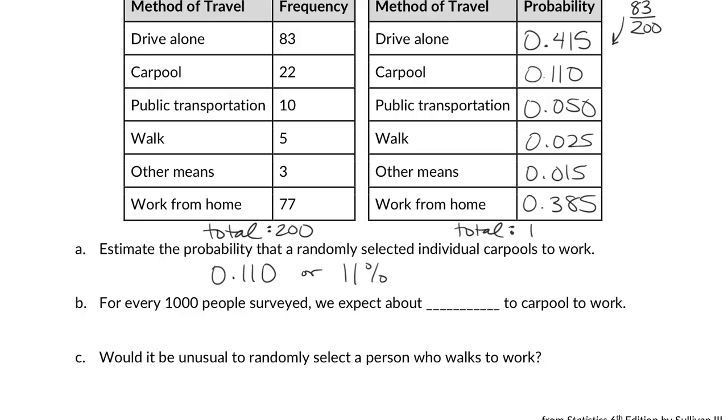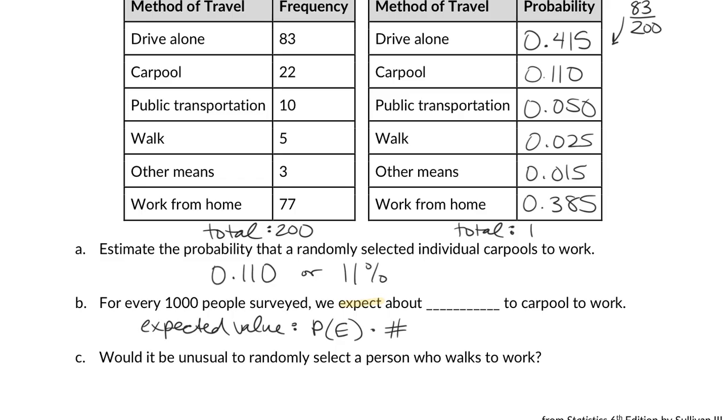Part B goes on with that question. For every 1,000 people that we survey, we should expect about blank number of people to carpool to work. When you're looking for this sort of expected value, you do the probability of the event multiplied by the number of people surveyed.